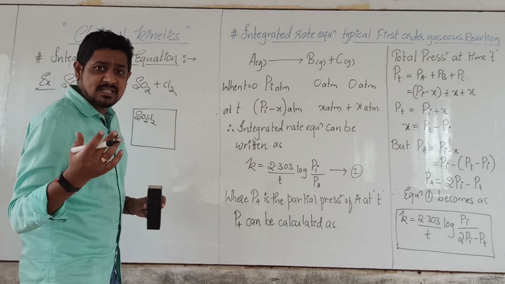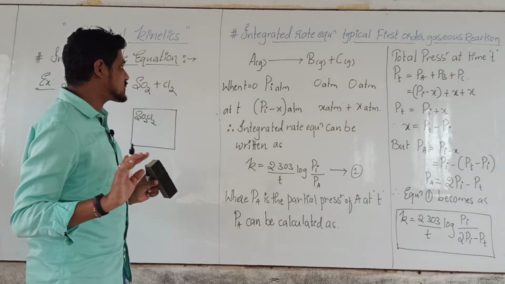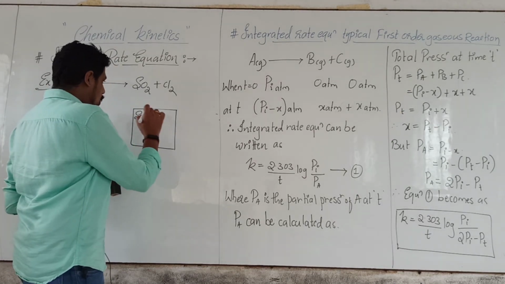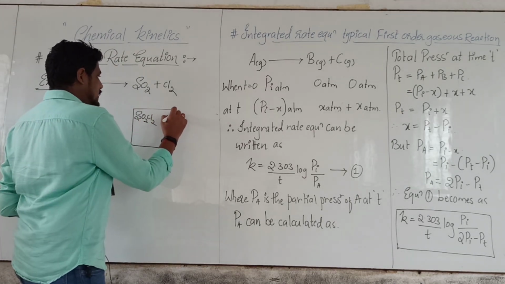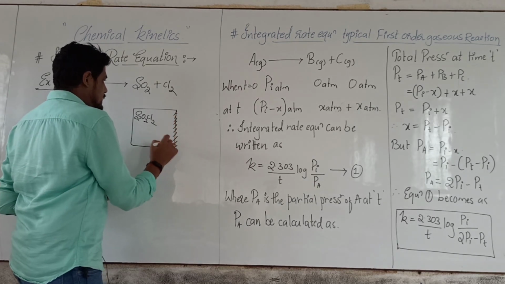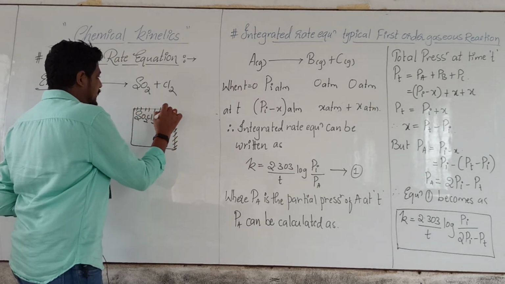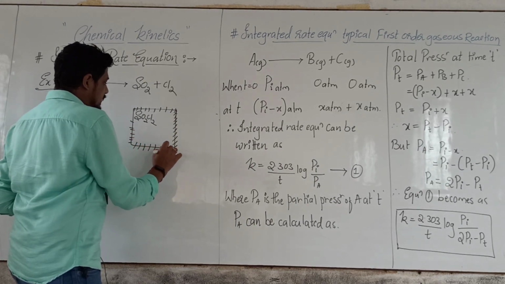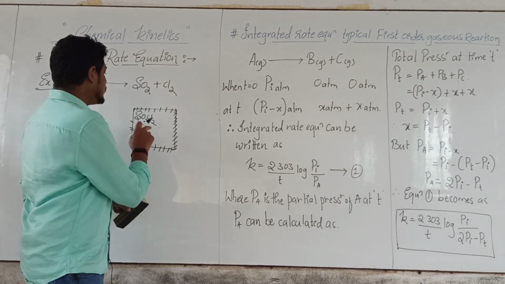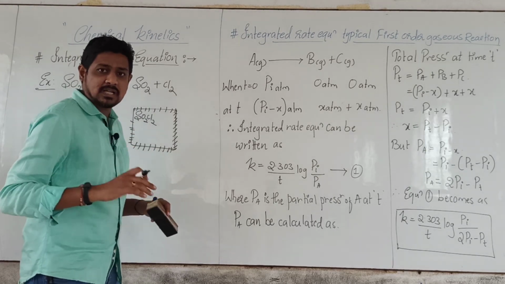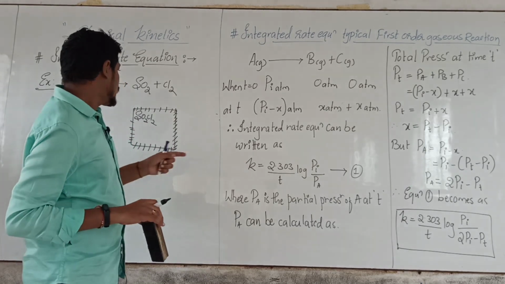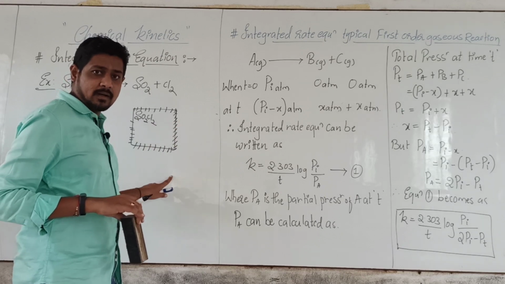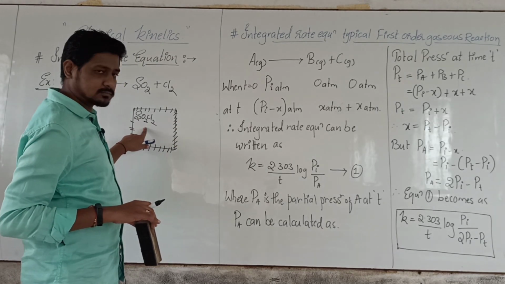When time is 0 at the initial stage, whatever pressure is exerted on the walls of the container is because of only sulfuryl chloride. There is no other component in the initial state. The pressure exerted by the gaseous molecules on the wall of the container is because of only this.